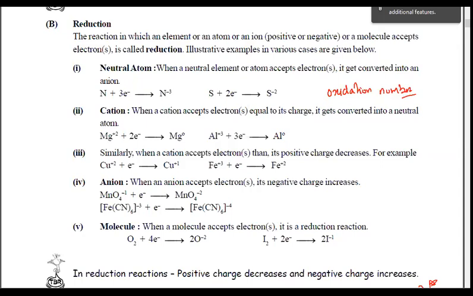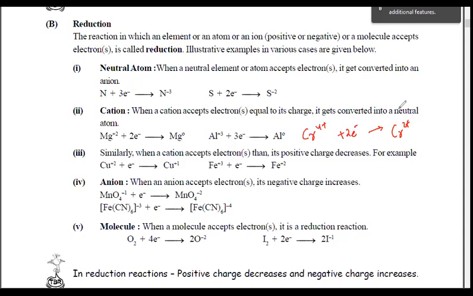Easy enough. So these are the examples in a neutral atom. After taking electrons, it will become a negatively charged anion. When you talk about a cation, depending on how many electrons it is taking, it becomes either neutral, cationic or anionic, because it depends on the number of electrons it is taking. For example, Cr4+ plus 2 electrons gives Cr2+.